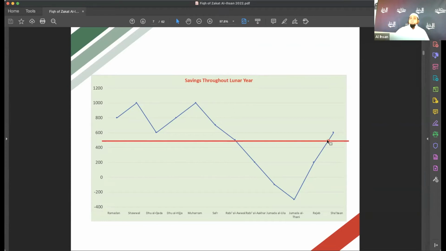So even all of the Shafi'i scholars say that it's okay to discharge it once a year, right? Some of them who take the more cautious, the more strict route, say do it once a month instead. So no one says do it every day or every week. That becomes too difficult to manage.